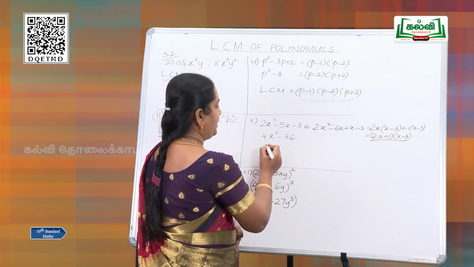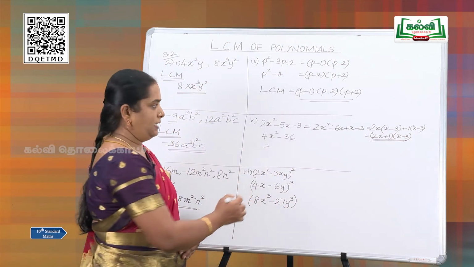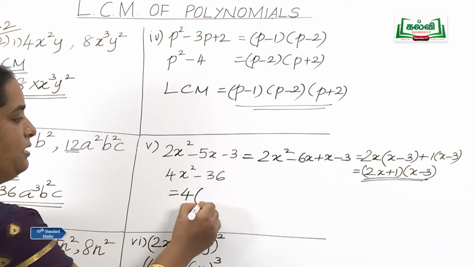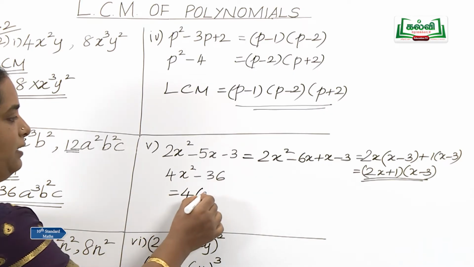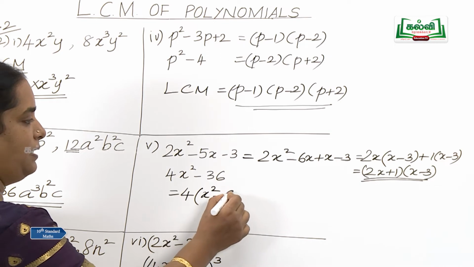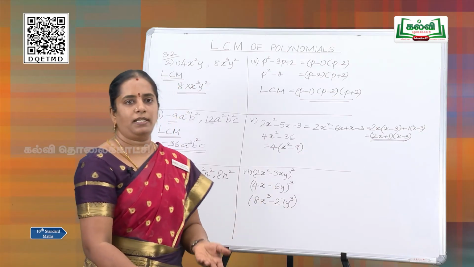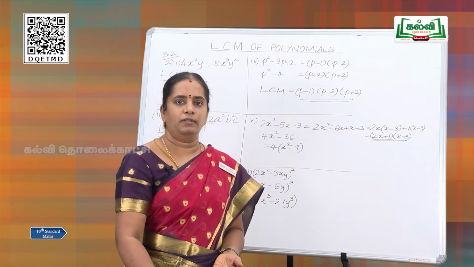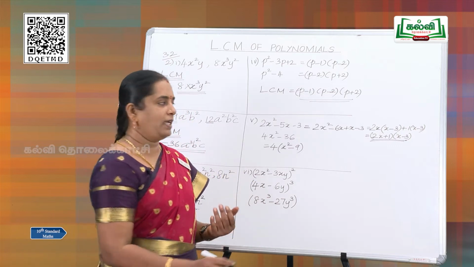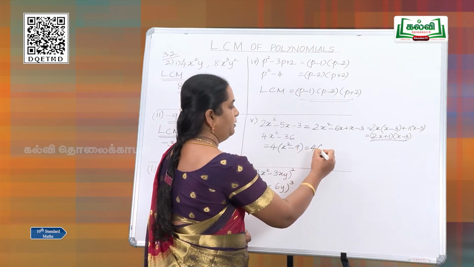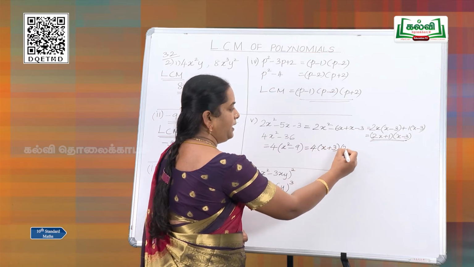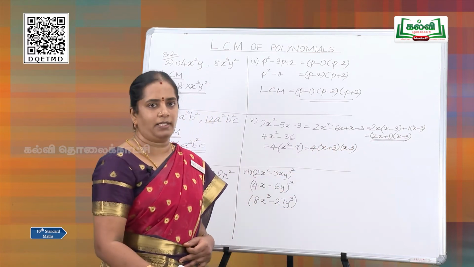And we can factorize the other one: first we take out 4 as a numerical coefficient, and split as x square minus 9, which can be further split into x plus 3 into x minus 3. So, 4 into x plus 3 into x minus 3 are the factors.